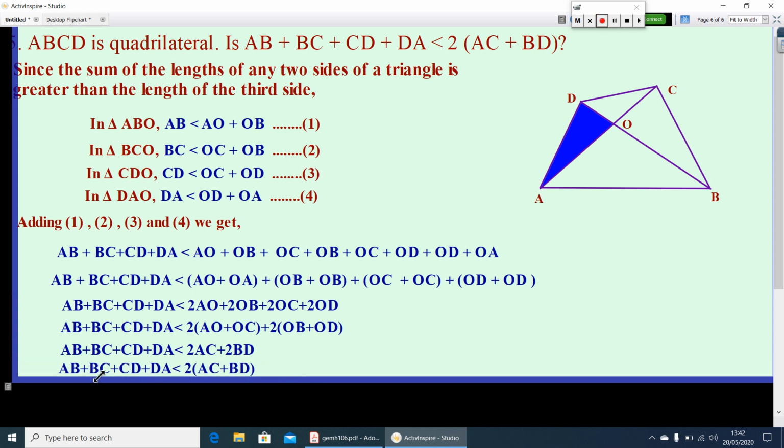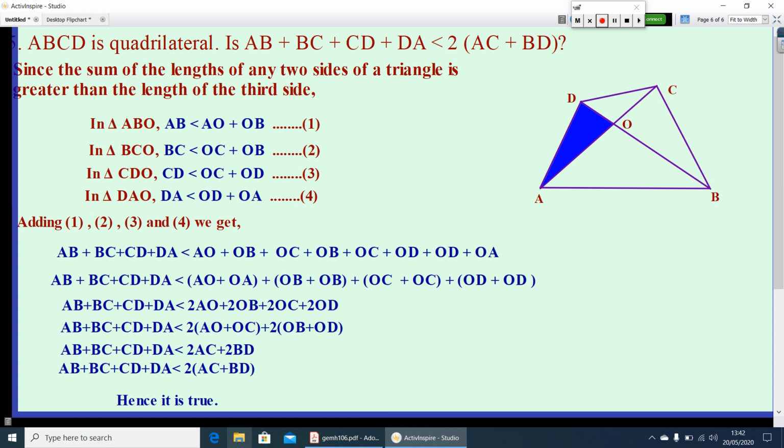Again, you can write this as AB plus BC plus CD plus DA less than 2 common, you take it, AC plus BD. That is what we have to show. AB plus BC plus CD plus DA less than 2AC plus 2BD. So hence it is true. Now do write it down.